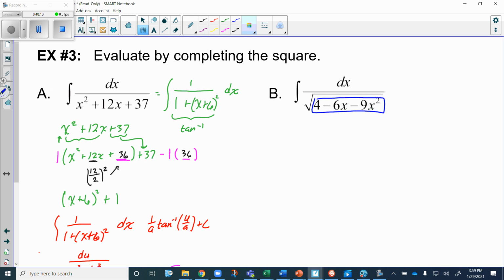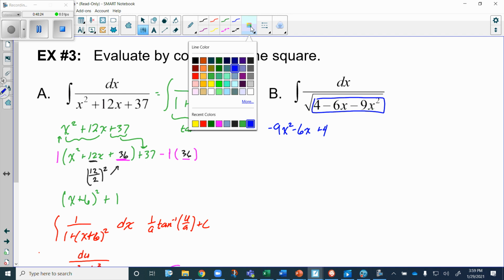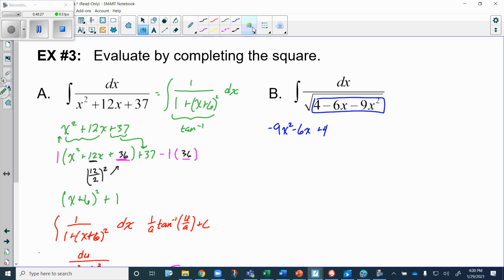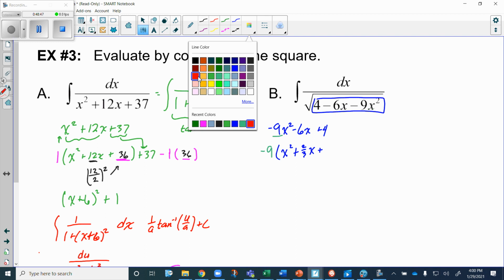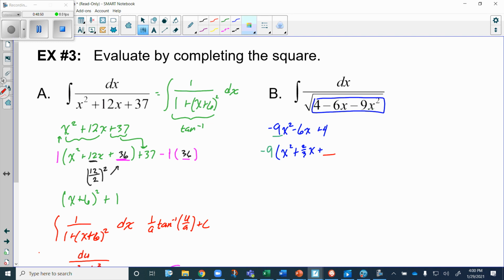I'm going to write it as negative 9x squared minus 6x plus 4. So again, I factor out the leading term from both of the first two terms, and that will give me x squared plus 2/3 x, and then we're going to have some new number that we don't know yet.